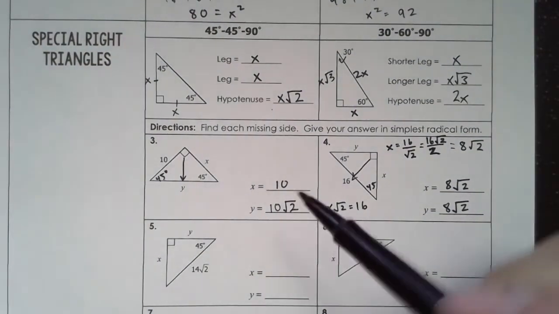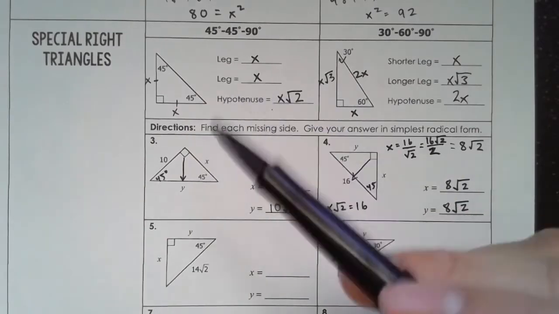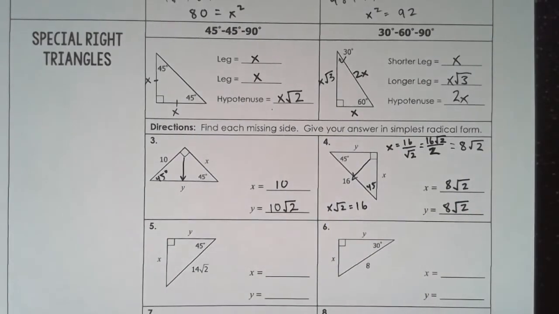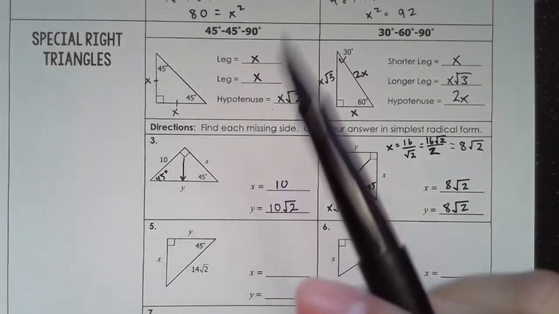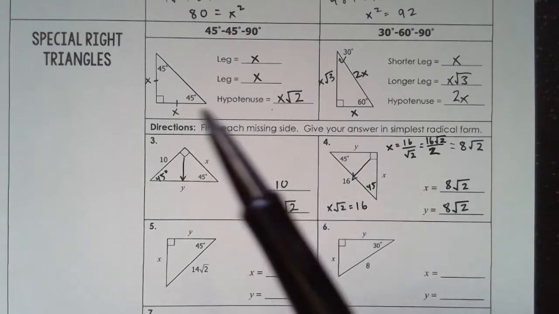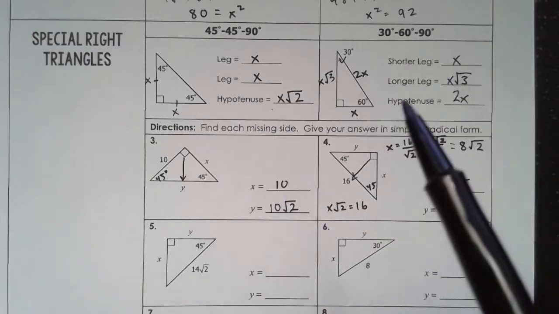So again, these special right triangles are derived using the Pythagorean theorem, and what I just did here is generalize the two types of triangles, the 45-45-90 and the 30-60-90.